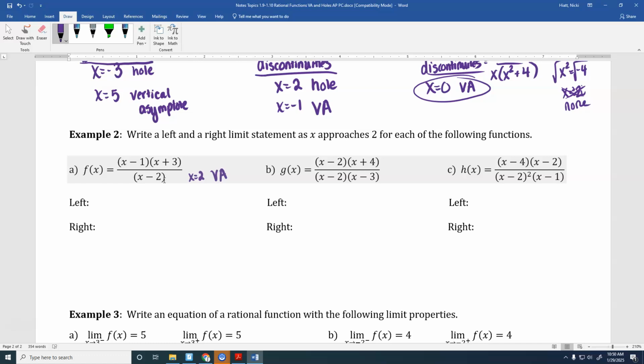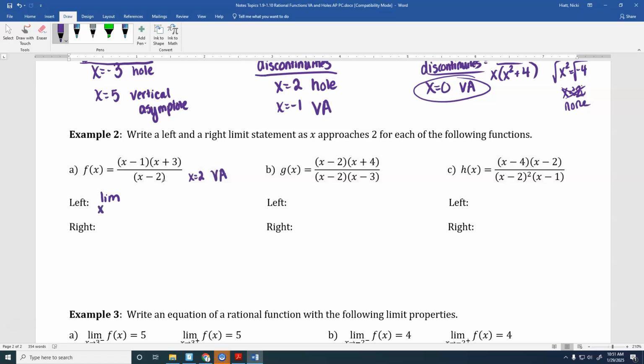Probably sign chart is going to be easier, because this is not asking about left and right end behavior. It's asking about what is happening at 2. I want to know if my vertical asymptote goes like this, or like this, or you could have them both go up, or both go down. That's what they're asking us here. So we could graph it and see it. That's one way, but that's not always available for us.